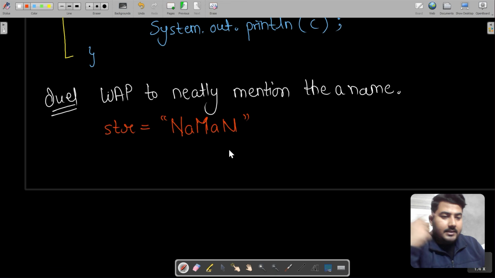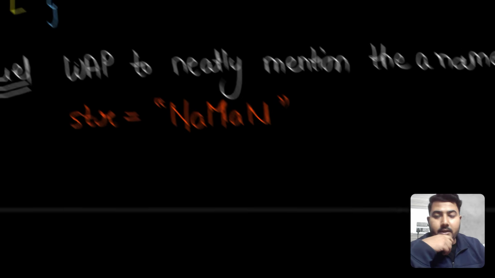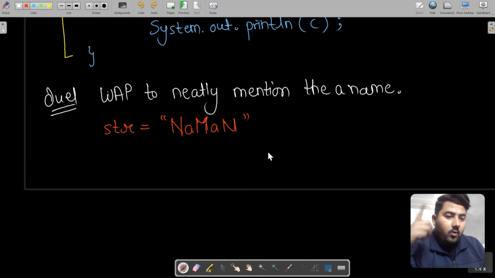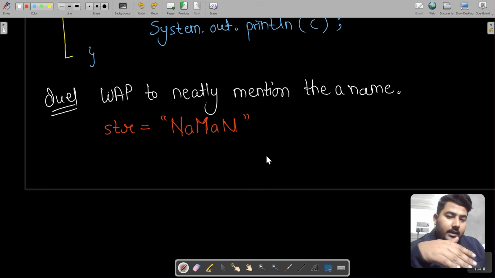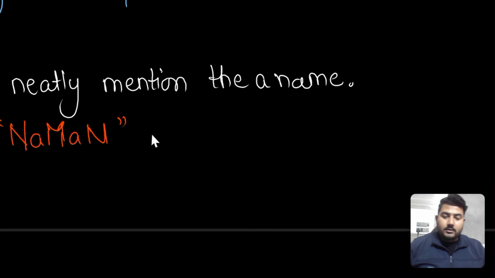What exactly defines neat and clean? Well, it will be neat and clean only when all the letters are in lowercase except the first one. Please remember that. So in this case, your answer will look like this: Naman.